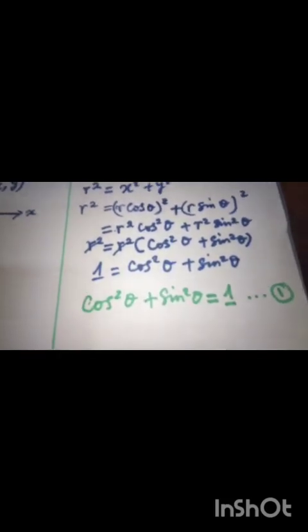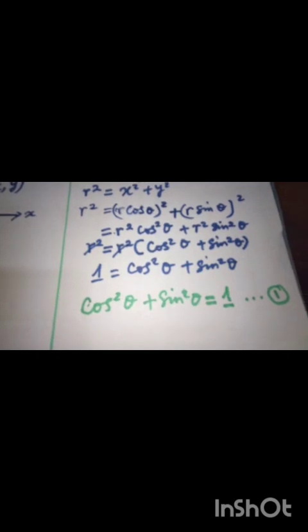Now from this first identity we can derive other Pythagorean identities. Equation 1 is cos squared theta plus sine squared theta equals 1.